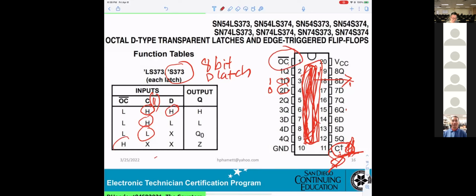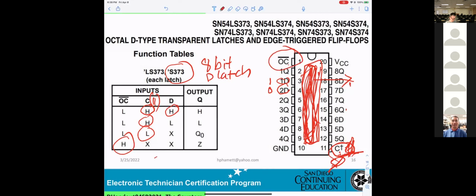Last one, OC output control at logic high. What happened? If you're reading that function, tell me, if OC is at logic 1, so what's going on?